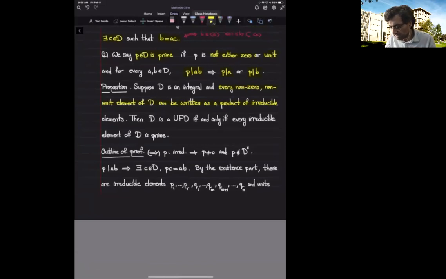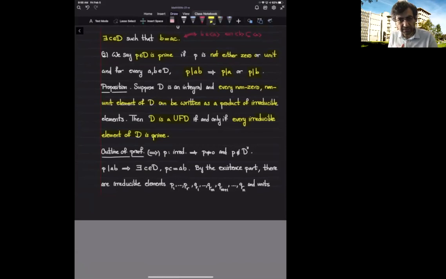Then this ring is a unique factorization domain if and only if every irreducible element is prime. So if I know that every irreducible element is prime, then I can deduce it's a unique factorization domain.